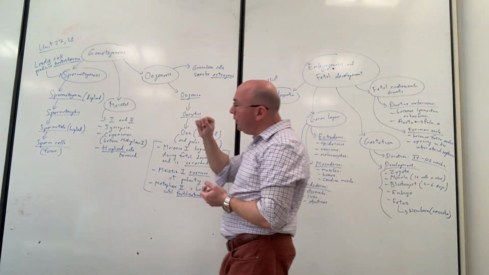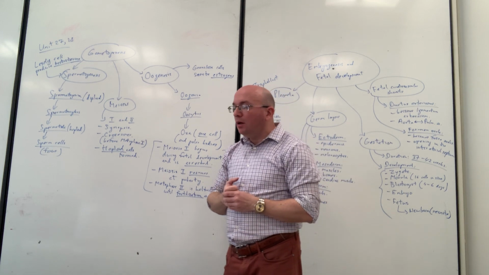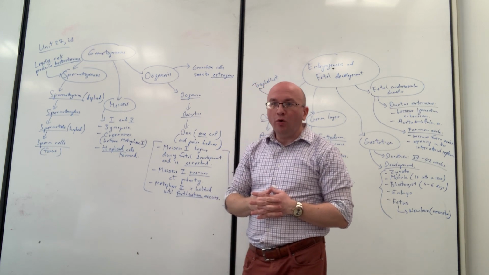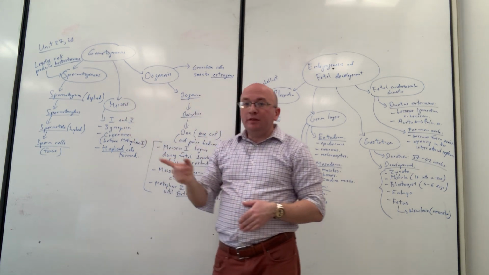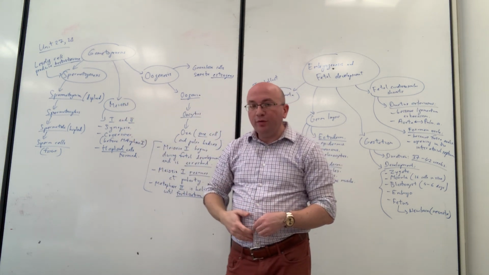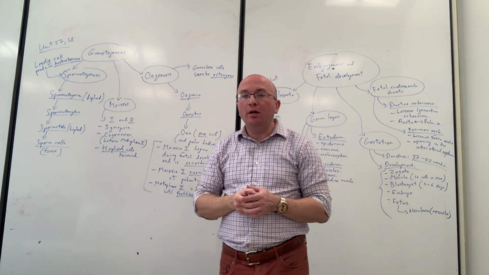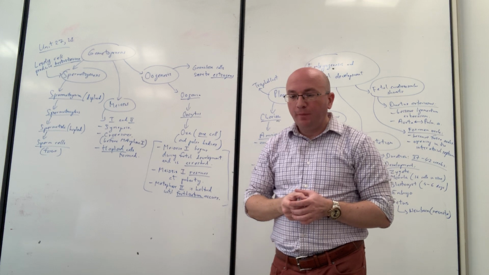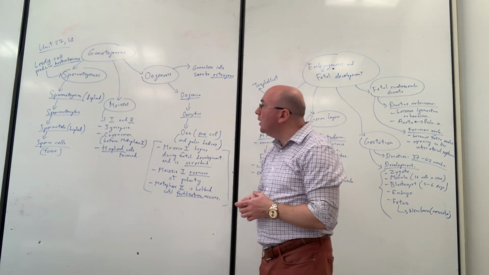Now, for this chapter, essentially, what we want to go over is gametogenesis. This is the process of forming the gametes. The gametes are sperm cells and egg cells made by the male and the female.